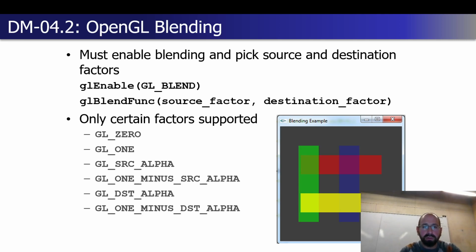We can work through some of the factors that OpenGL provides out of the box. You have to turn on blending, which is a single bit of configuration in our render output. Just like we have to enable depth testing, we enable blending, blend everything that comes forward, and then we can specify, separate from all the other programmable stuff we are doing here, what blending function we want to use.